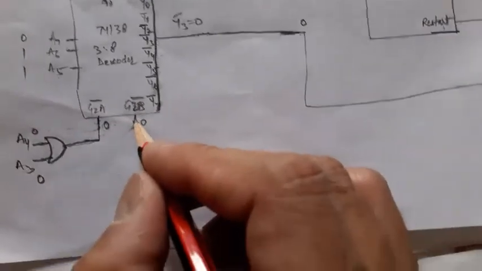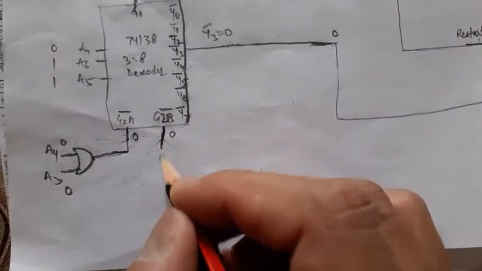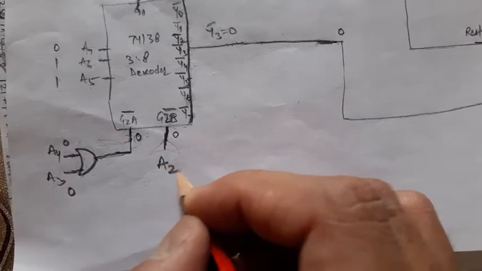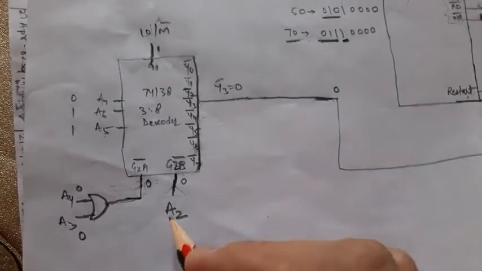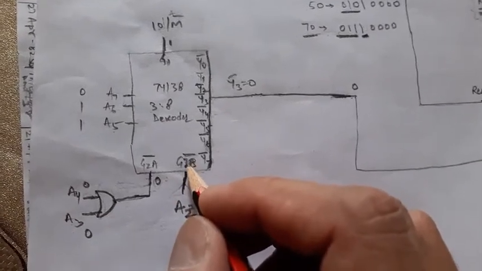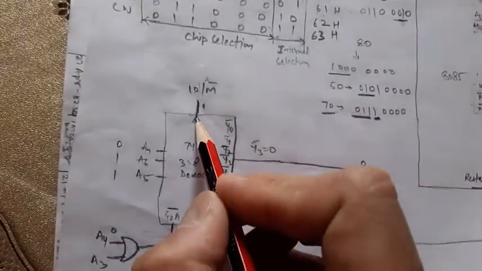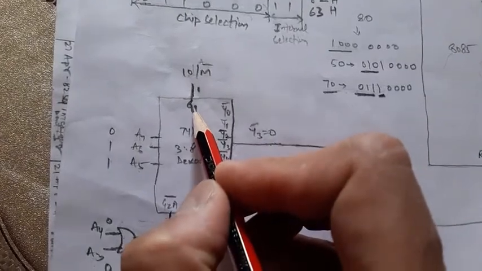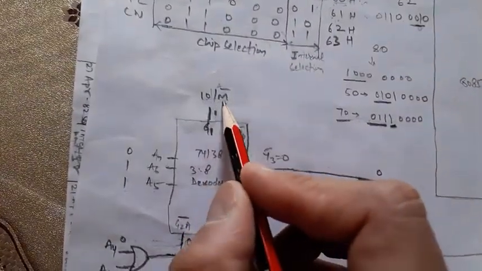At G2B, another enable signal which is also active low, I have directly connected A2, because A2's value is 0, so this 0 will go over here and this decoder will be enabled. At this G1 enable signal, which is an active high signal, I have connected IO/M bar.